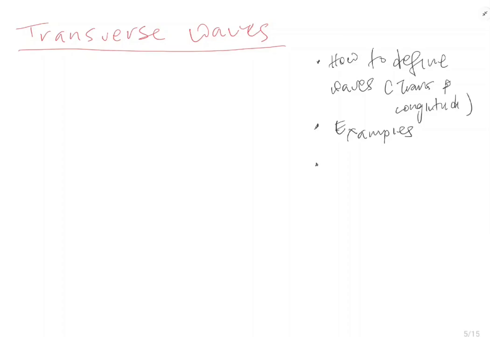We also need to know what some of the characteristics of these waves are. What are the things that describe these waves? There's something called compressions and rarefactions, there's amplitude, wavelengths, frequencies. So characteristics could be the amplitude, the wavelength, the frequency, the period, and the energy.